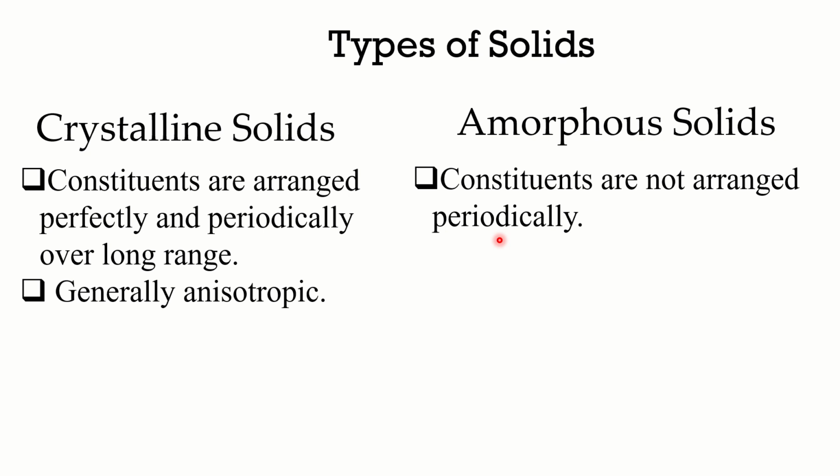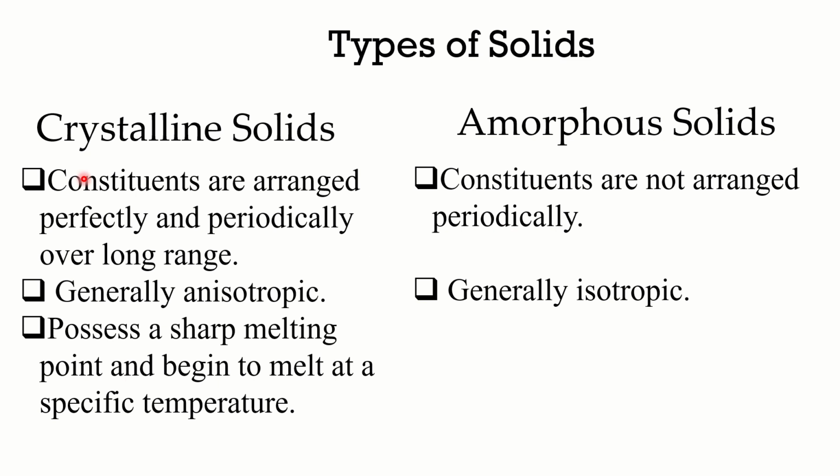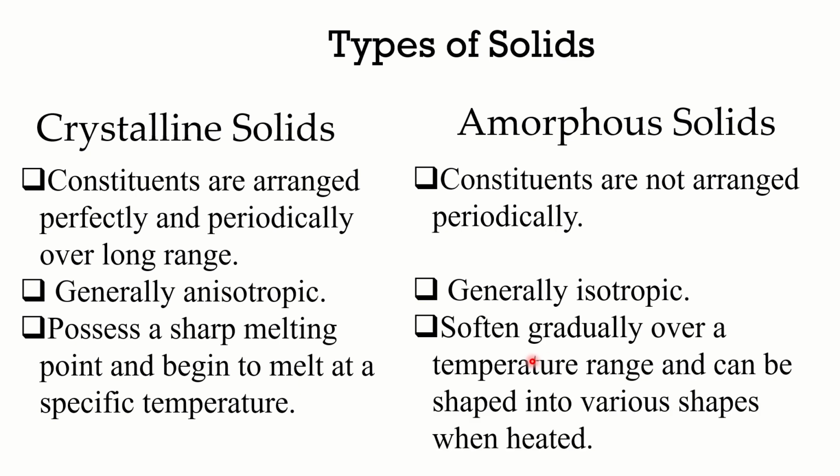Generally, crystalline solids are anisotropic and amorphous solids are isotropic. The crystalline solid possesses a sharp melting point and begins to melt at a specific temperature. This is not the case for amorphous solids, which soften gradually over a temperature range and can be shaped into various shapes when heated.